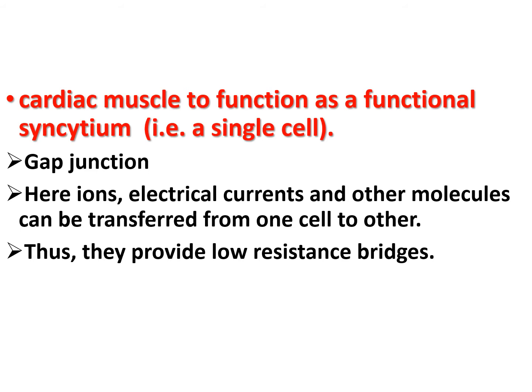Here the ions, electrical currents and other molecules can be transferred from one cell to another without coming in contact with the extracellular fluid, and so they provide low resistance bridges for the spread of excitation from one muscle fiber to the next muscle fiber and permit the cardiac muscle to function as if it were a functional syncytium, for example, a single cell.